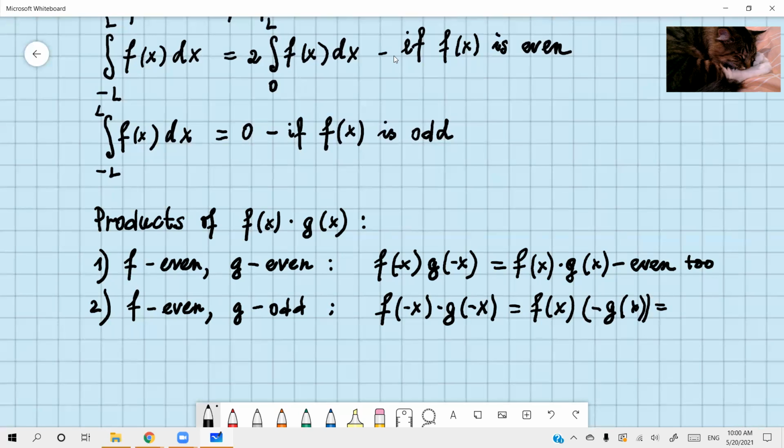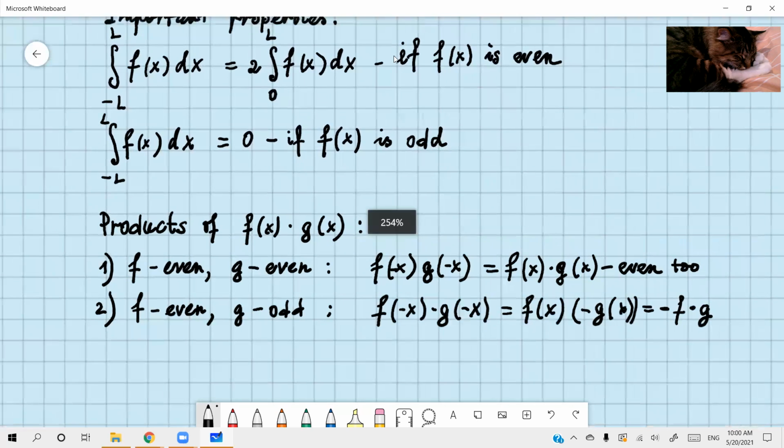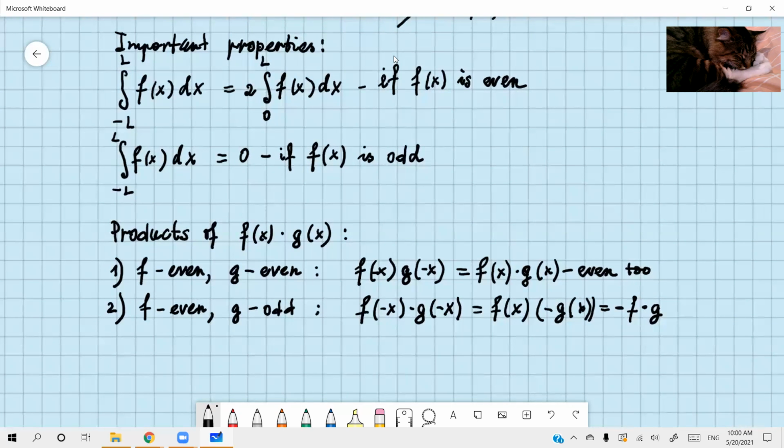And the result is going to be minus f multiplied by g. We see that the result is actually going to be odd, right? Because you change the sign of the argument and the result changes sign. Maybe I should write down the whole function, otherwise it's not very clear why it looks like this: f of x times g of x. And I'm going to write down odd, because of this minus.